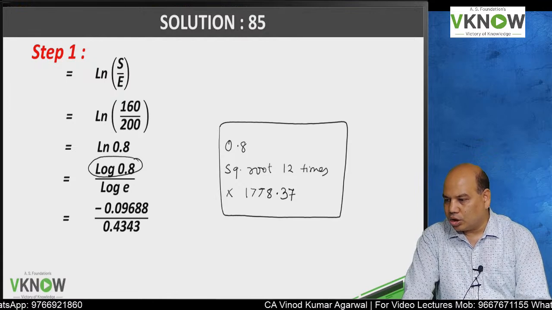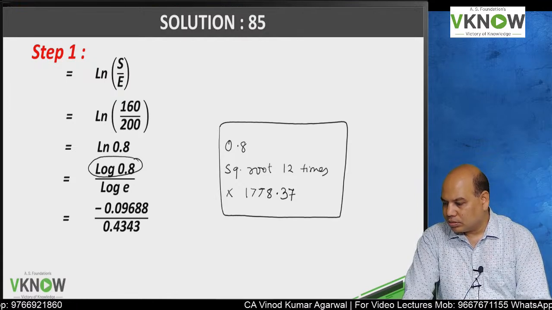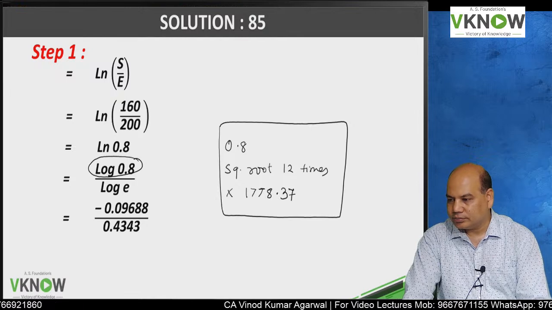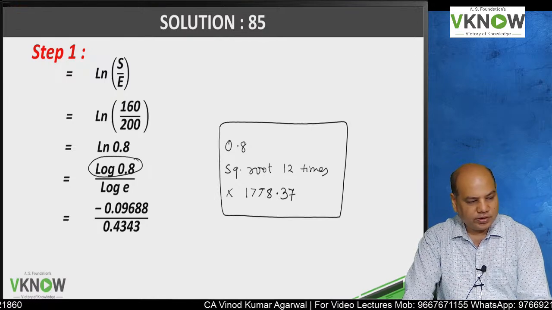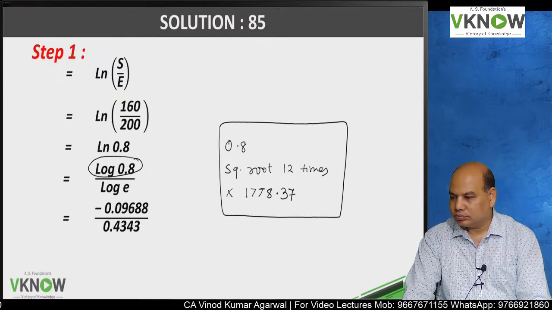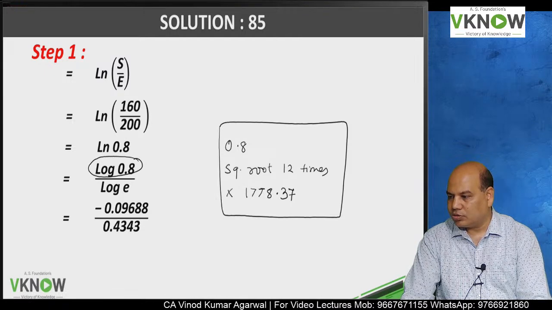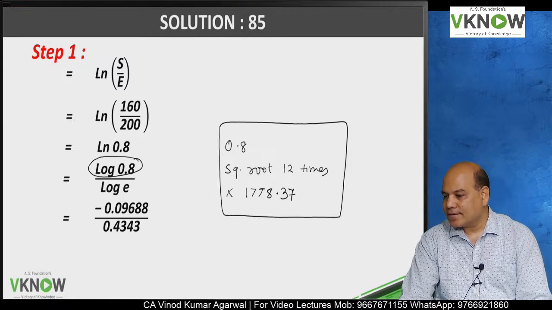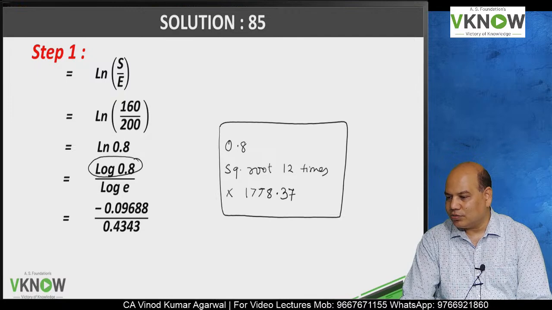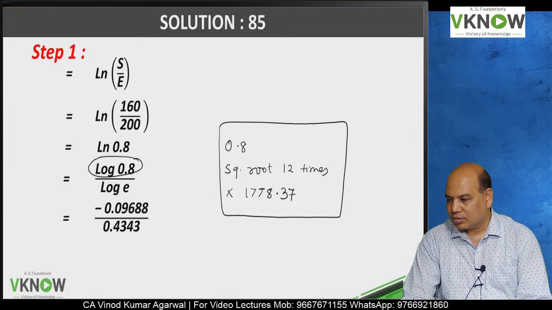That gives me the log value. Please check how much you are getting. Anybody, how much are you getting? Are you getting negative 0.09688?